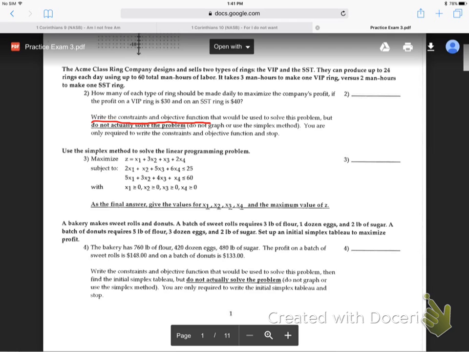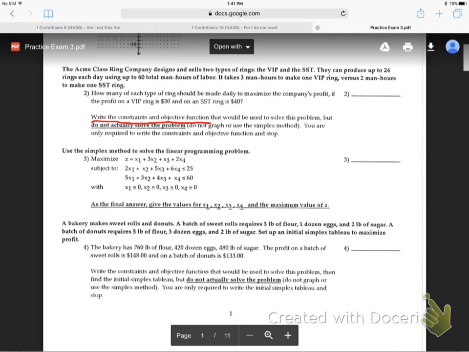Let's try that. The first thing you want to do is identify. Remember, linear programming is where we do the graphs. That's the one I did at the end of class last time, number 1. Linear programs are where you have the graphs and the lines and the shading and you test the corners. And then the simplex method is where we use our calculator to do that simplex program.